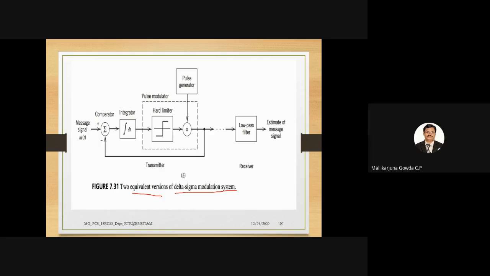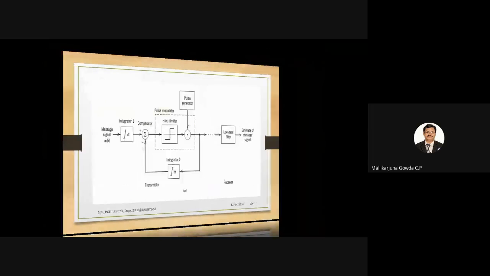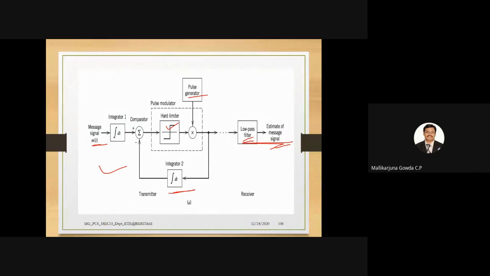Here he has interchanged the integrator and comparator. In the earlier case, the integrator came first, then the comparator. Now he has taken the integrator inside. Rest all is the same. First he compares and then does the integration, and he has eliminated the integrator in the feedback. Earlier, two integrators were used: one before the comparator and one in the feedback.